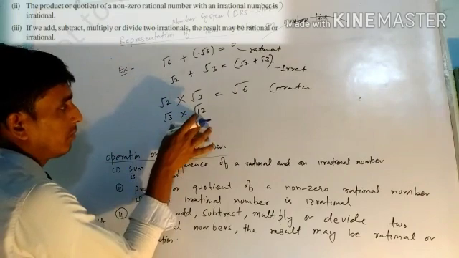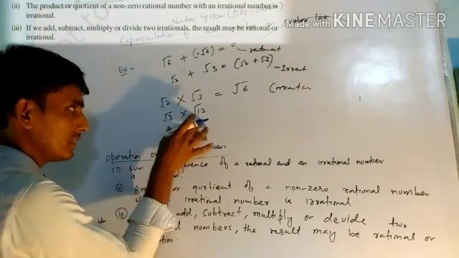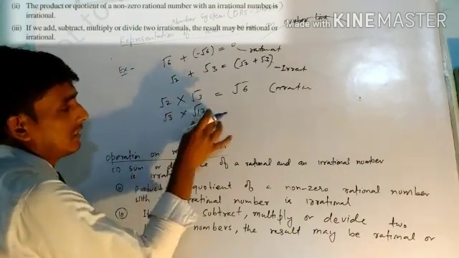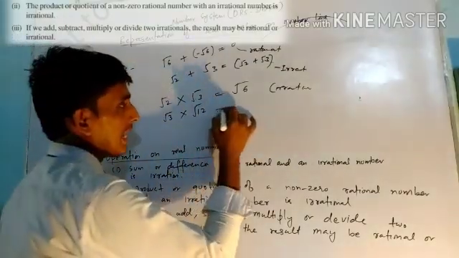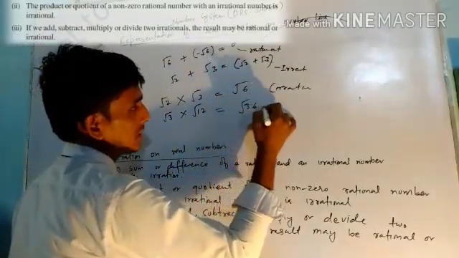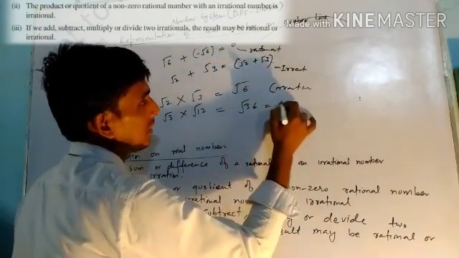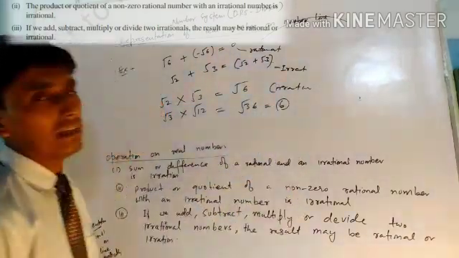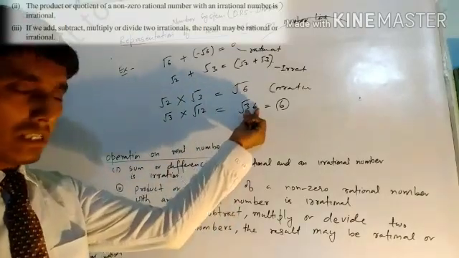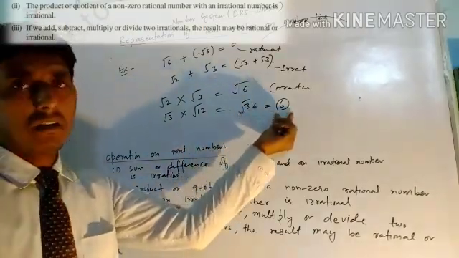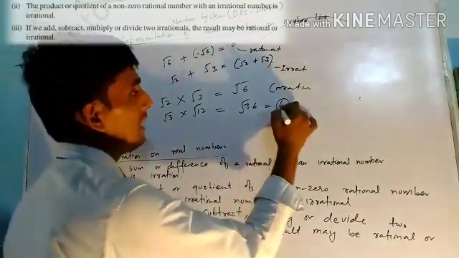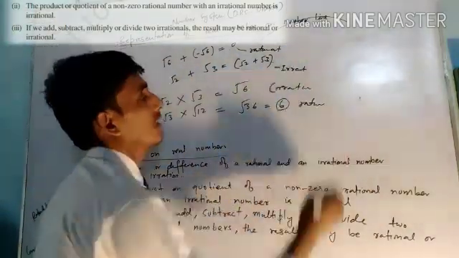Here also both numbers are irrational: root 3 is irrational, root 12 is also irrational. But if you multiply them, you will get root 36, and root 36 is a rational number, because 36 is a perfect square, and if you find the square root, you will get the value 6, which is a rational number.